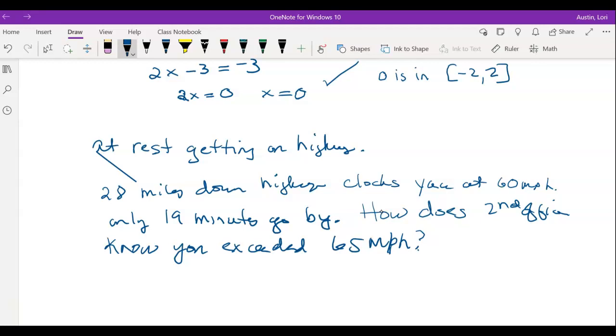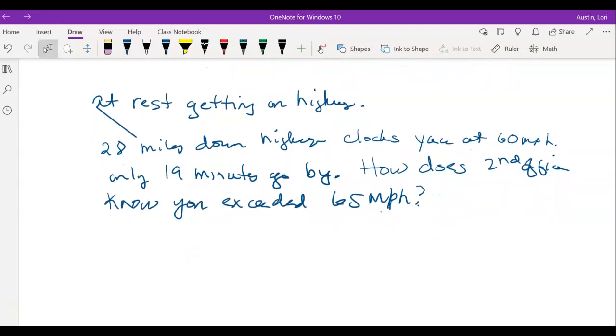So let's put this in the context of what we were doing. I like to draw graphs. I like to kind of think of it this way. You're driving along, your speed's going up and down, but you're starting at rest. What does that mean? That's 0, 0, right? So we're talking speed. Everybody remember this?